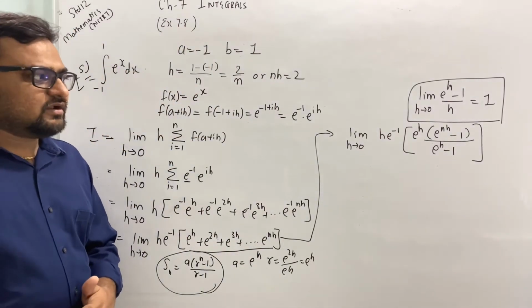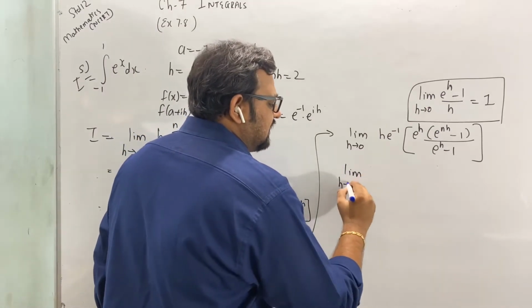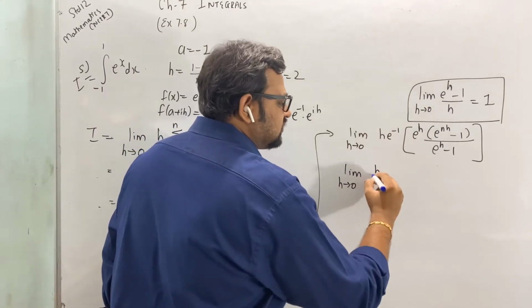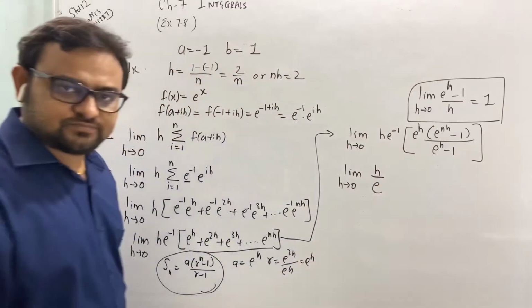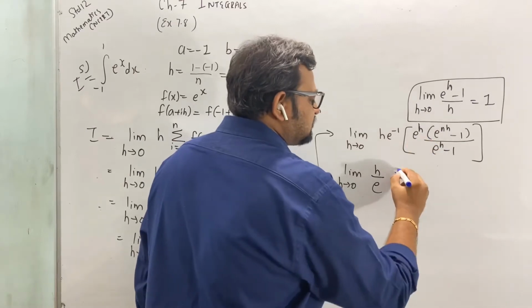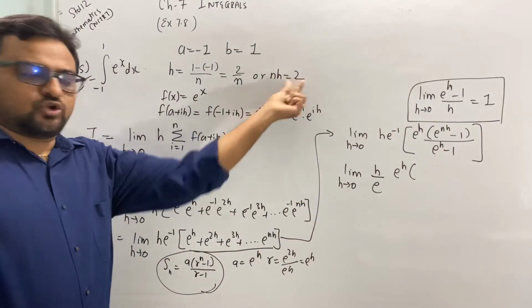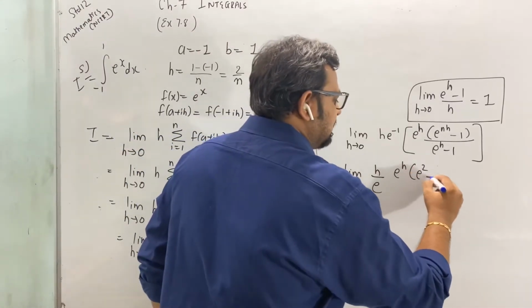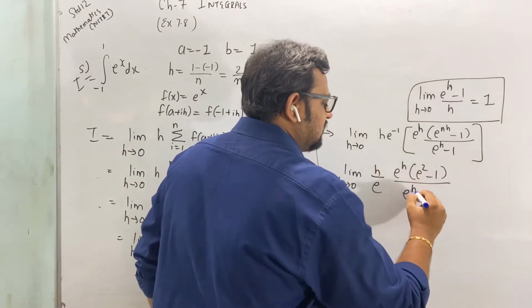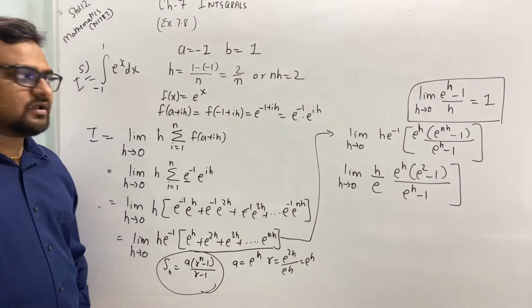Clear? So now limit h tends to 0, this will be h by e into e raised to h. What is e raised to nh? What is nh? 2. So e square minus 1 upon e raised to h minus 1.